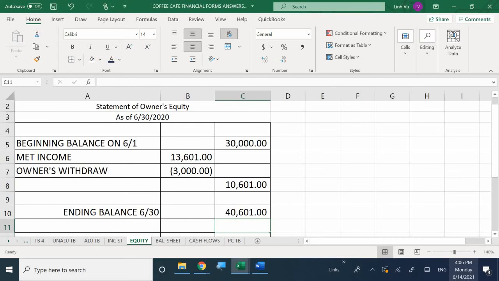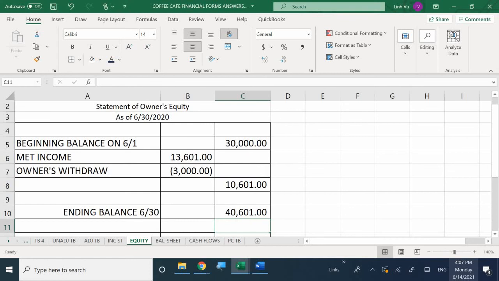Equals D6 minus, oh, it would be a plus, right? If you have it as negative 3,000, then yes, you add them together. And then add the 30,000.